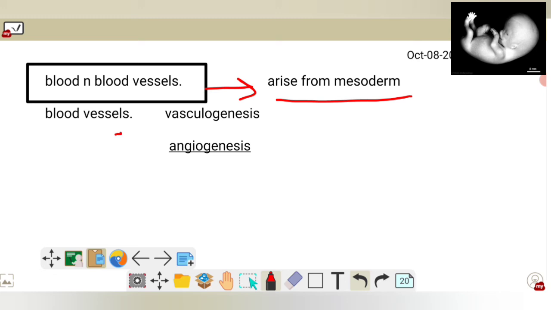Blood vessels arise via two types, vasculogenesis and angiogenesis.